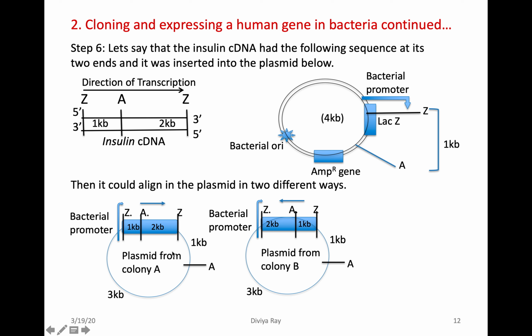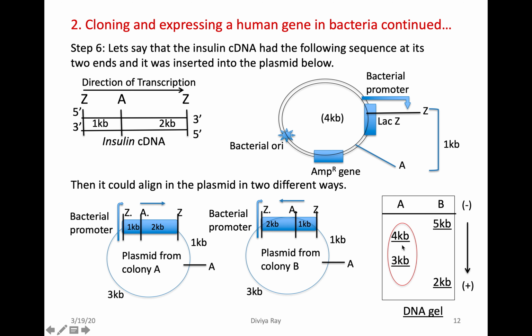If you isolate this plasmid, let's say from bacterial colony A, and you cut it with restriction enzyme A, then you will end up getting two fragments. One will be of the size of 2 + 1, 3 kb, and the other will be of the size 3 + 1, 4 kb.